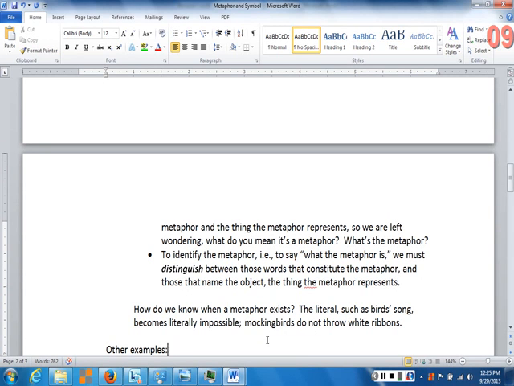Okay? Now, how do we know there's a metaphor to begin with, right? If you're reading a poem, how do you know that something is a metaphor? Please do not assume that all the words in a poem are metaphorical. They certainly are not. They are not necessarily.